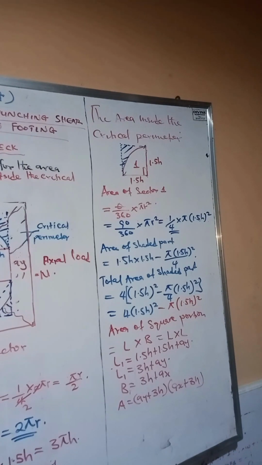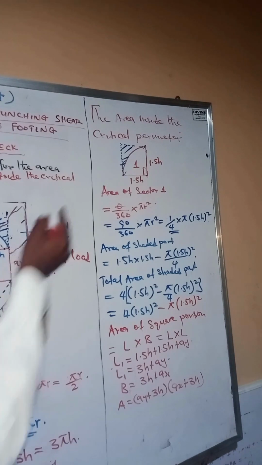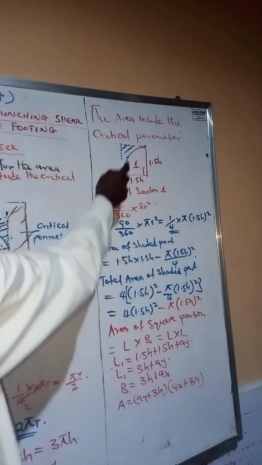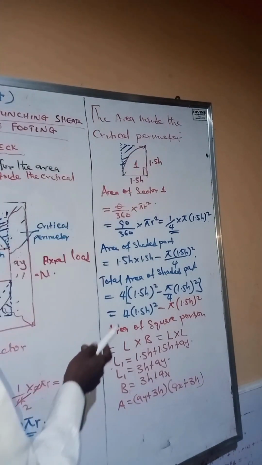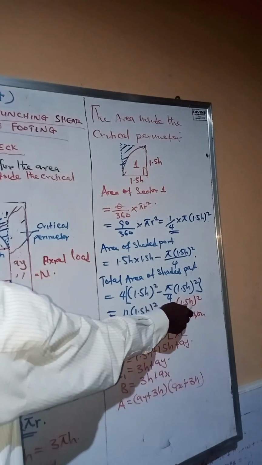So, but let's assume it's a rectangle. So if you solve that, you have the area of that shape. Now the area of that shape minus the area of our shaded portion, which is this. Remember, we have 4 of this in that our punching shear shape. So I've gotten their area to be this.